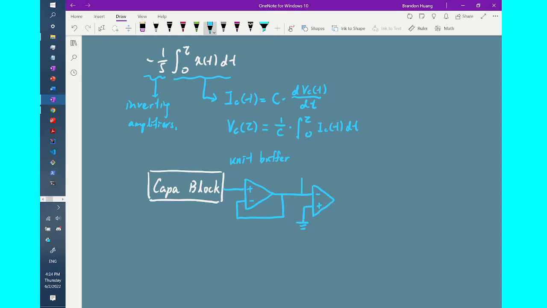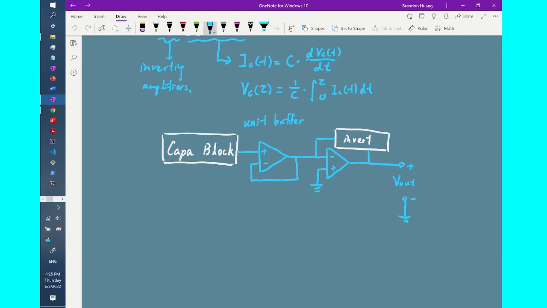And then I'm going to connect the input to an inverting setup, such that at last I have this Vout terminal here. Now we just have to solve the concrete parts for the capacitor blocks and the inverter.